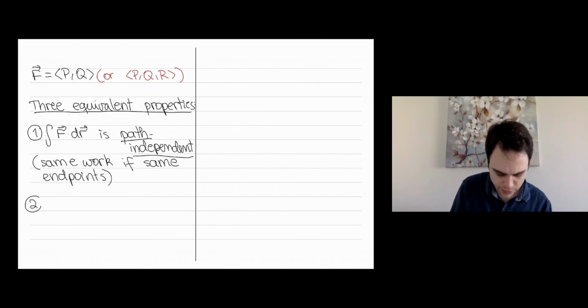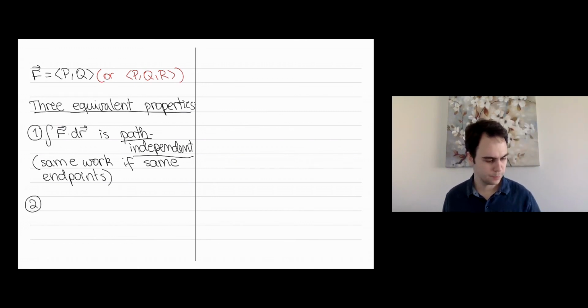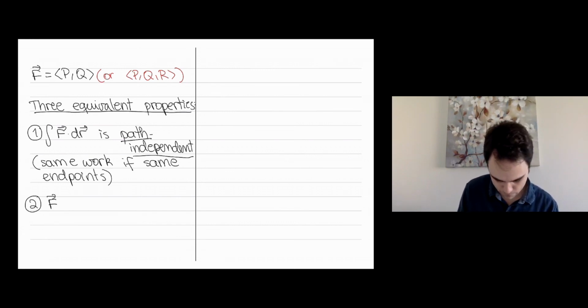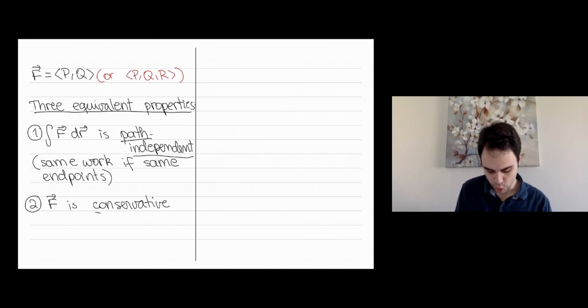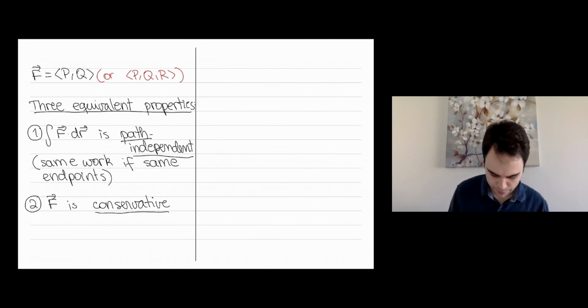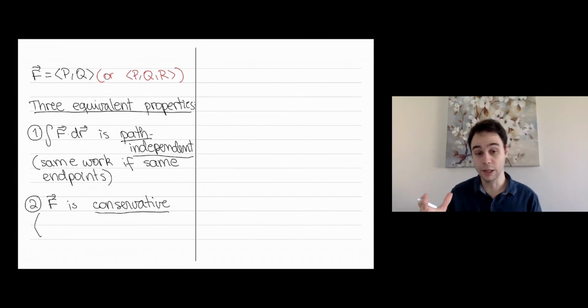Here's another property. The vector field is conservative. This word is borrowed from physics. It has basically the same meaning as in physics, slightly generalized, because in physics we only talk about conservative forces, whereas in this class we are saying what it means for an arbitrary vector field to be conservative.